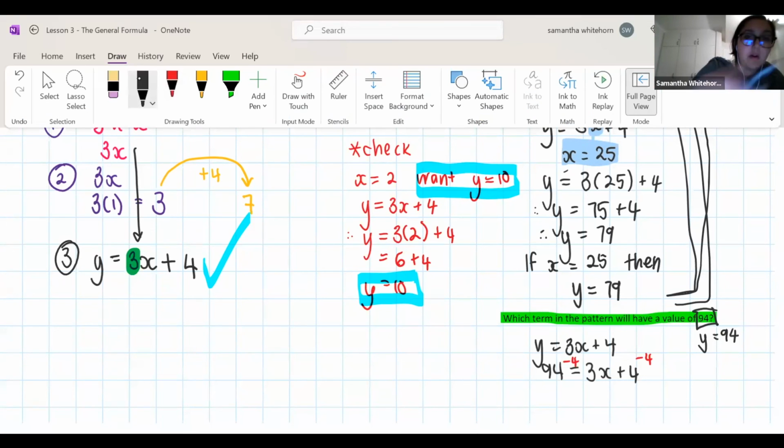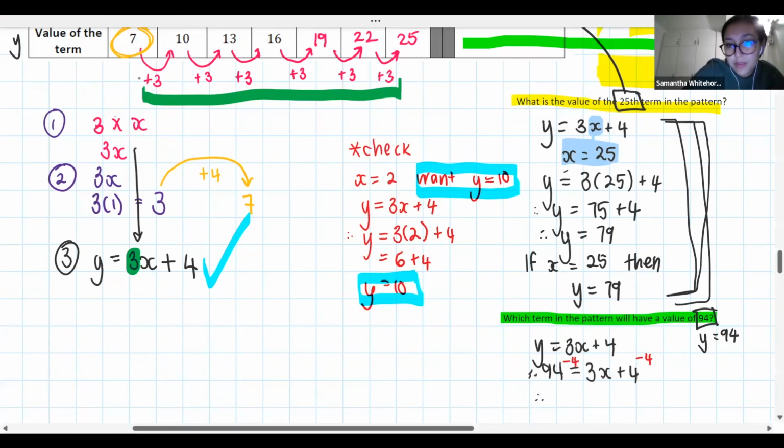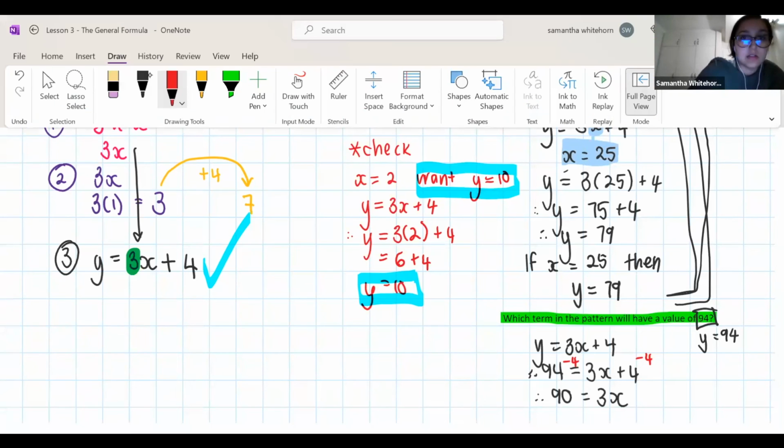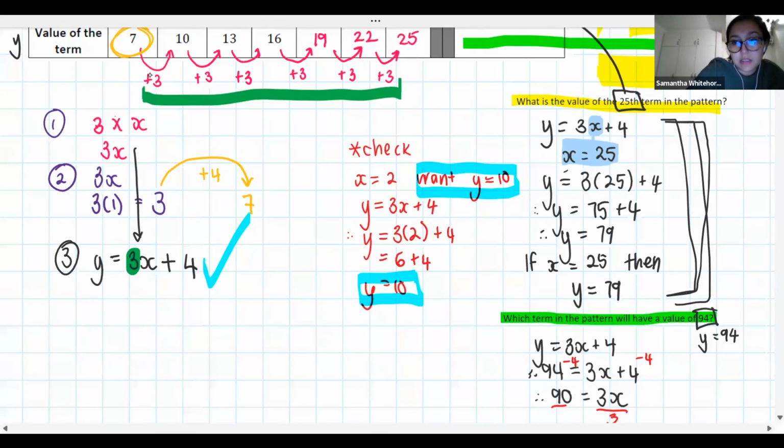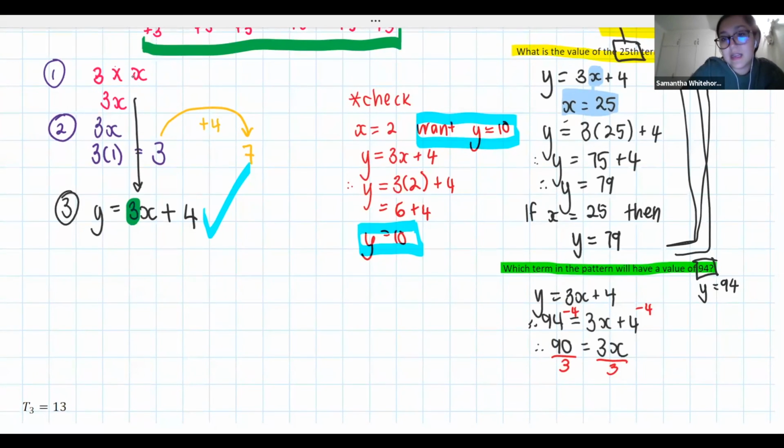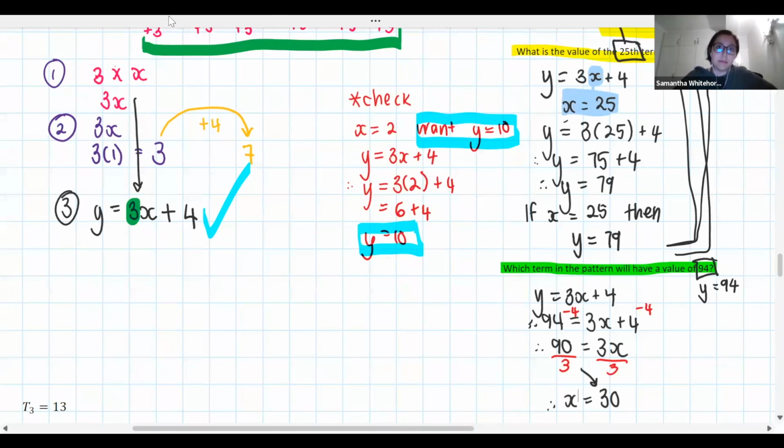When I subtract 4 on both sides, I end up with 90 is equal to 3x. My goal is to solve for x, so I need to divide both sides by 3. And as all of you have put wonderfully in the chat for me, we get that x is equal to 30, because 90 divided by 3 is 30.